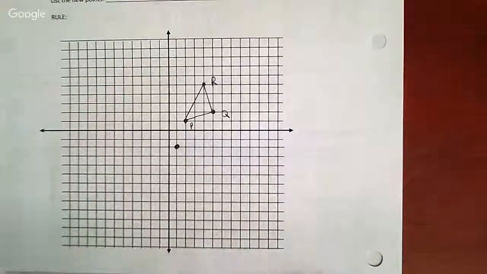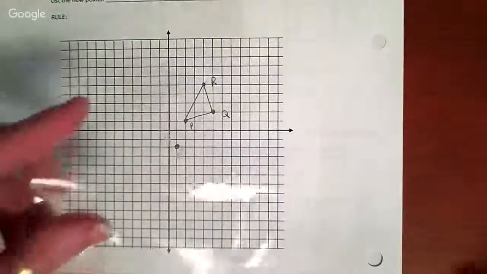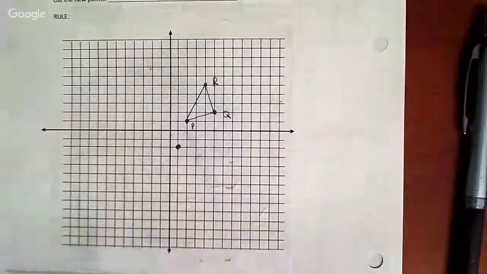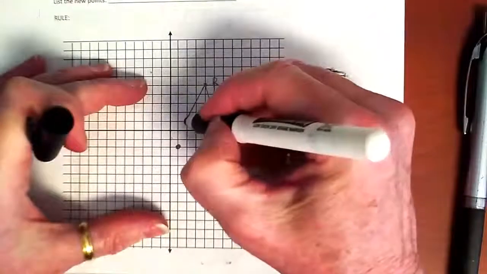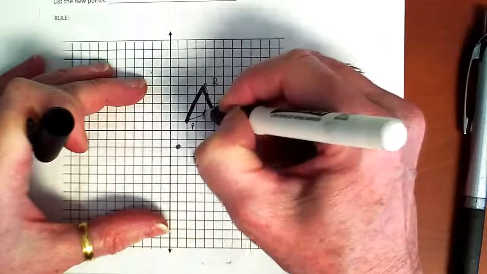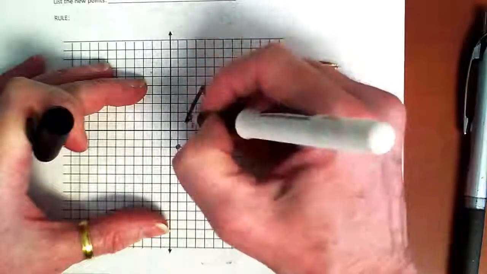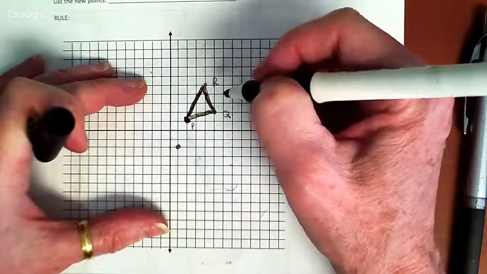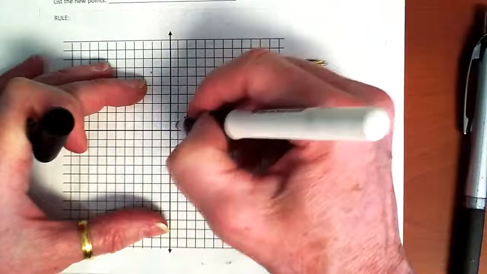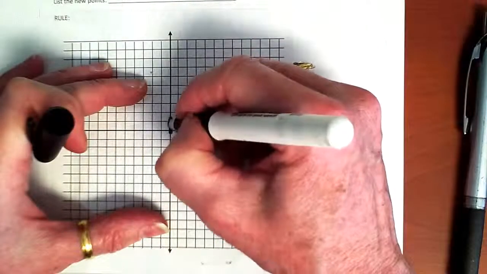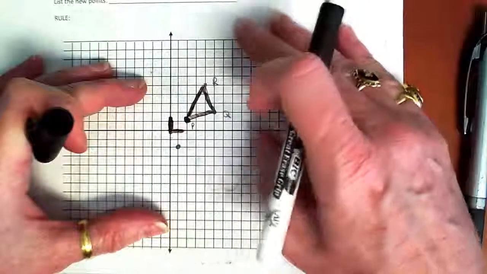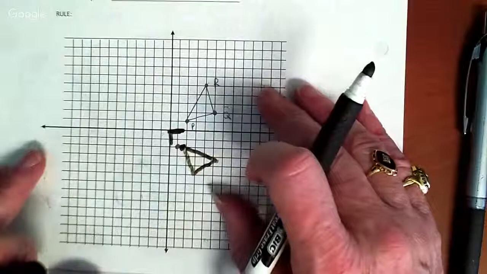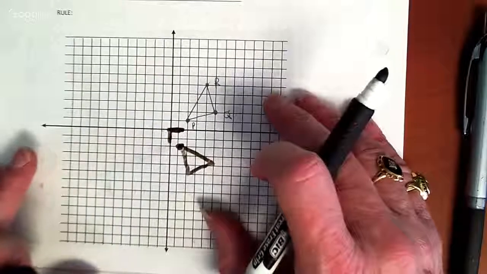So now, by rotating that, we're going to take our transparency, and here's my point for P. We're going to rotate that 90 degrees, right like that.